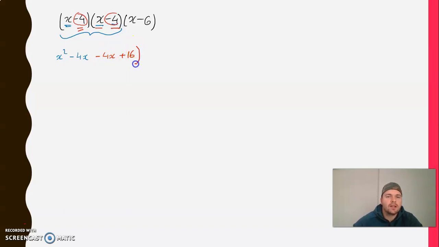This itself is a bracket, as I said before. All of this is multiplied by x minus 6. We are going to simplify that bit there. We have like terms: x squared minus 8x plus 16, times x minus 6.